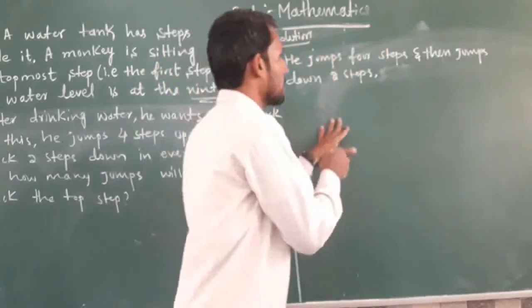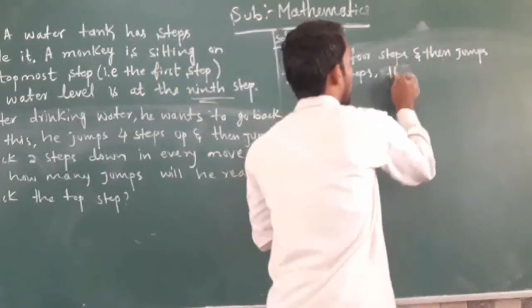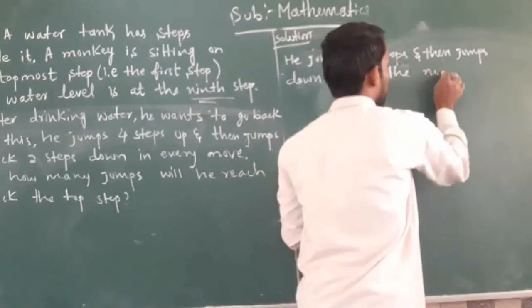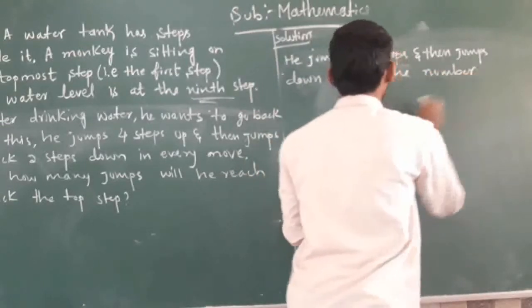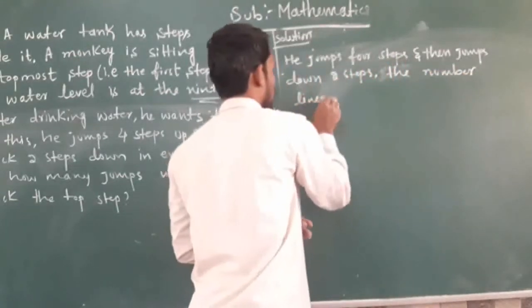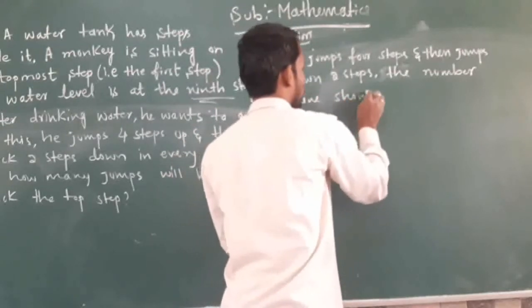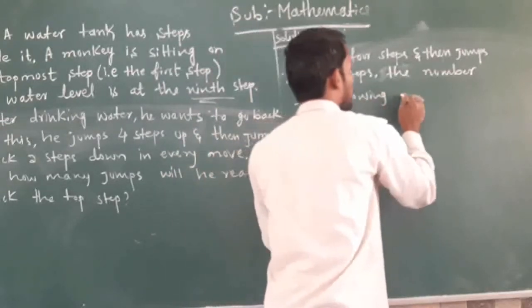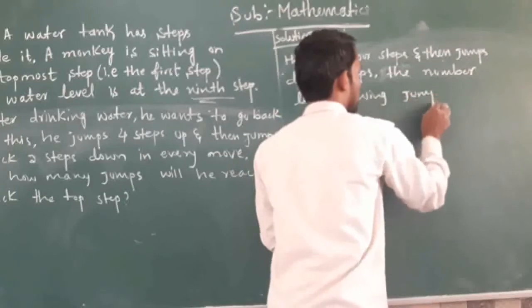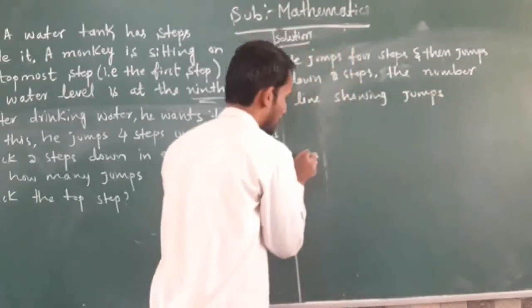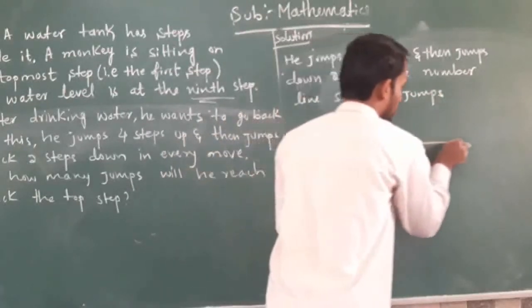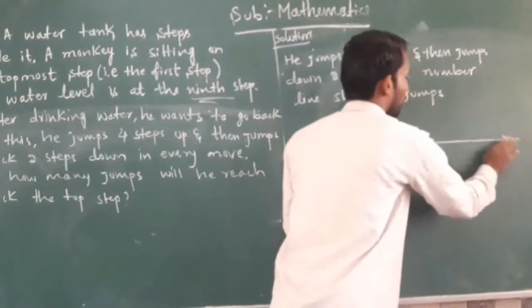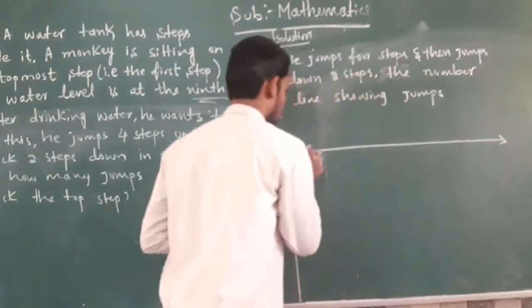See here, this number line showing the monkey jumps. This is the number line.